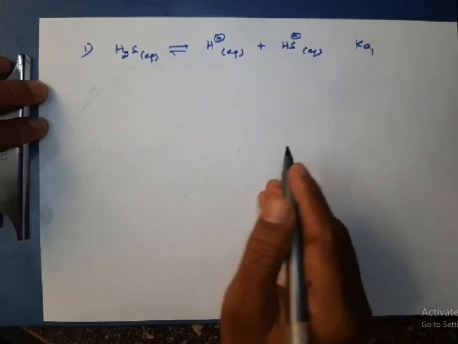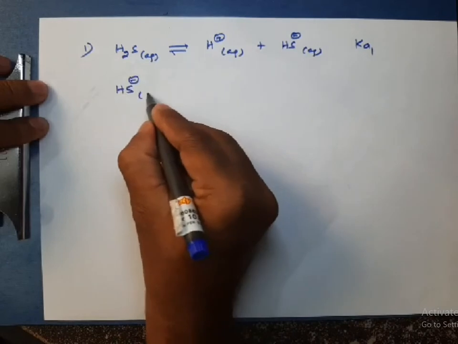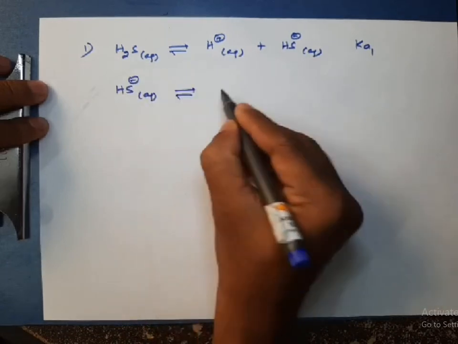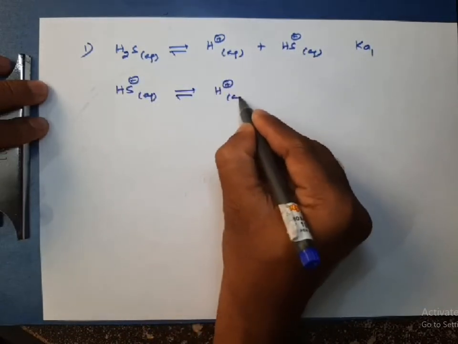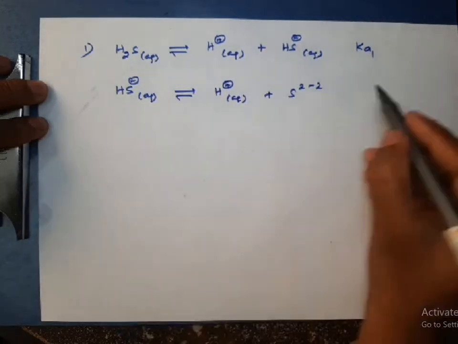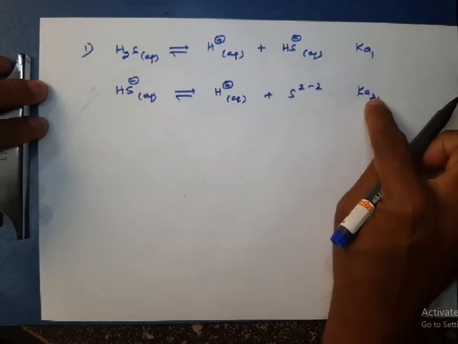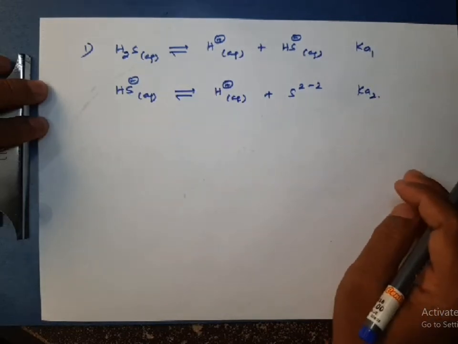But if you take the second step, this HS minus ion will undergo further ionization and give H plus and S2 minus. But the ionization constant for this will be very low, in the order of 10 power minus 13.